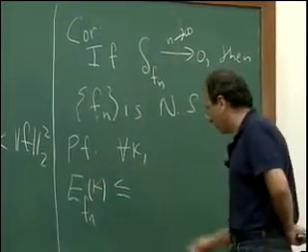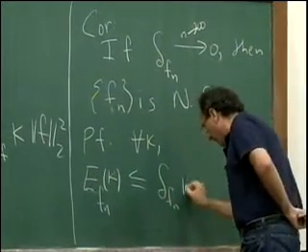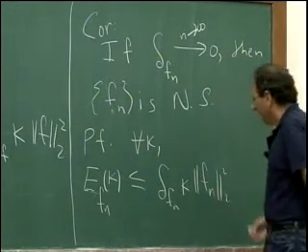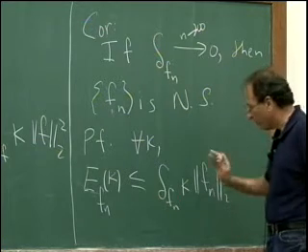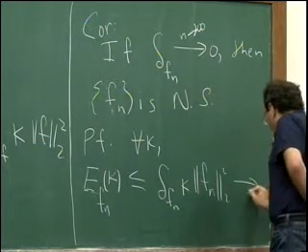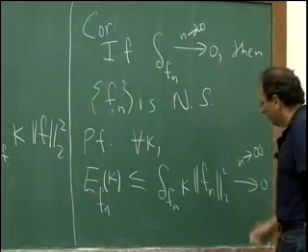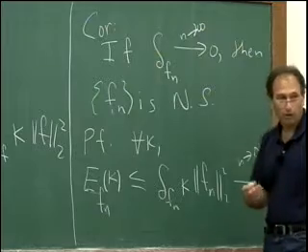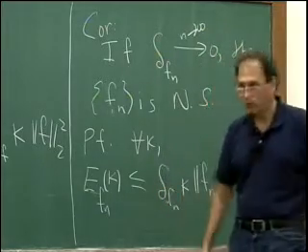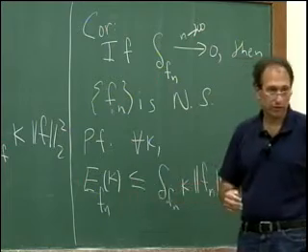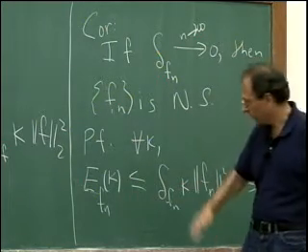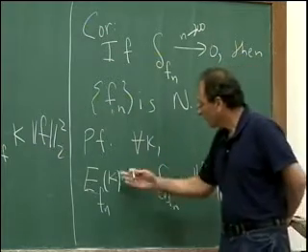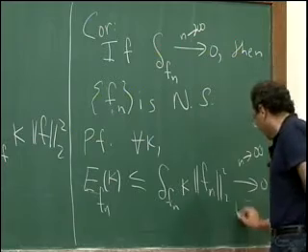We just use this bound: it is at most delta of f_n times k times the L2 norm. These are Boolean, so this term disappears. For every fixed k, this of course approaches 0 as n goes to infinity, because the revealment is going to 0. And we already know from the second lecture of the course that this is exactly equivalent to noise sensitivity: for any fixed k, the total weight of the Fourier coefficients at level k has to go to 0. And so you immediately get the noise sensitivity.